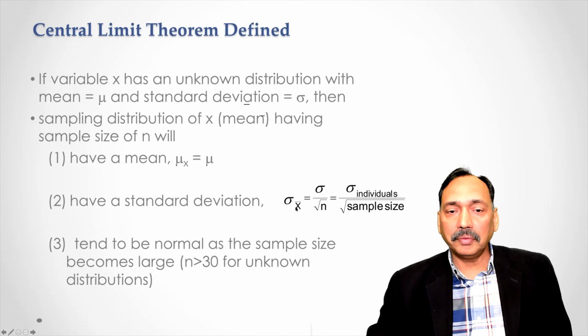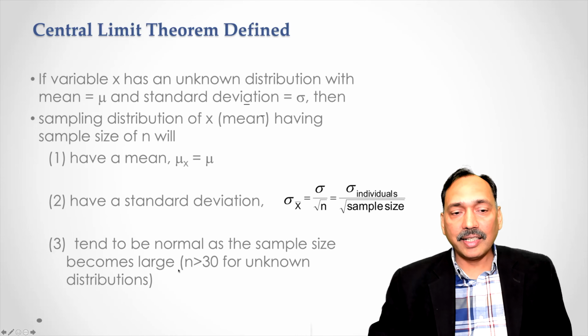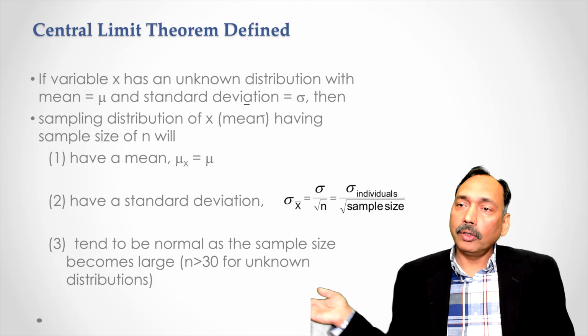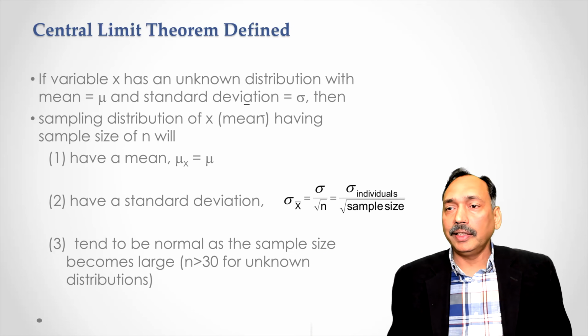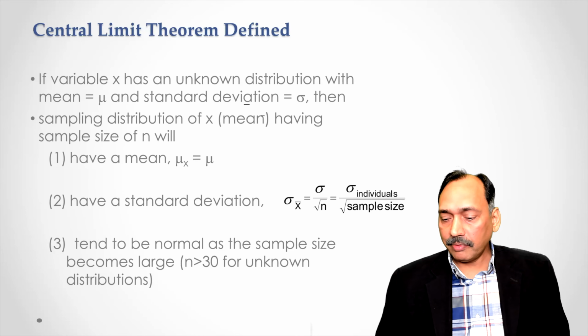The standard deviation will actually be the standard error, sigma divided by square root of n, and it tends to be normal as the sample size becomes large. In statistics, large means 30 or more. And this is for unknown distributions. If your original distribution is normal, then even with a sample of size 1, it's normal. We have seen that.